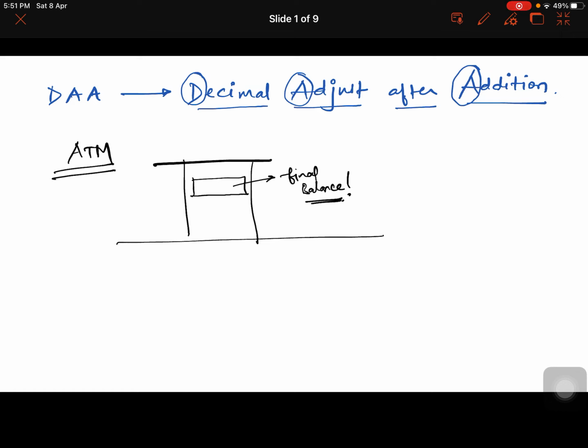So let us understand the connection of this ATM machine example with this DAA instruction. You understand that an ATM machine is basically a computerized machine, meaning that whatever operation takes place in the ATM machine, those are automated processes.